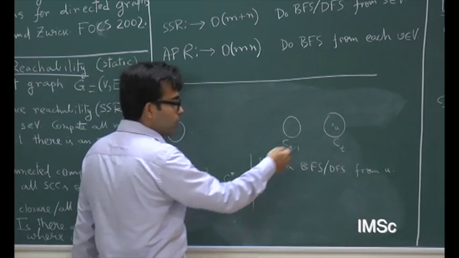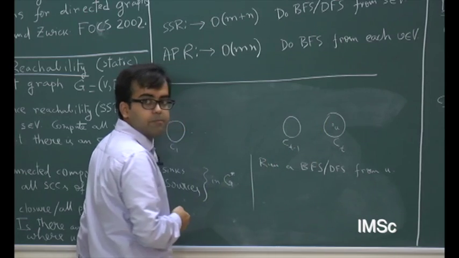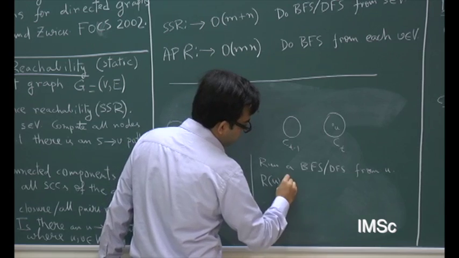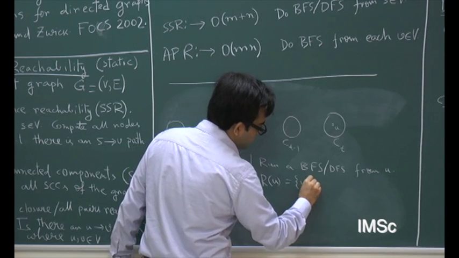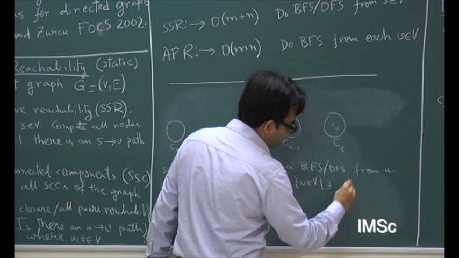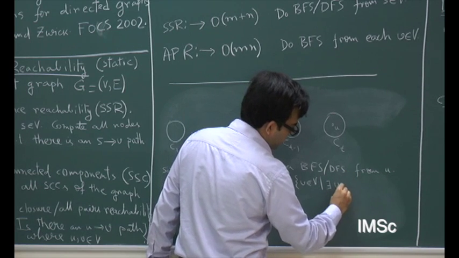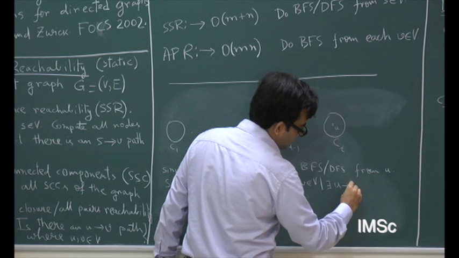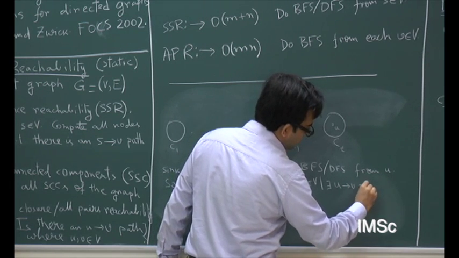You will find all the nodes that are reachable from u. So you will find the reachable set from u, the nodes such that there exists a u-v path.